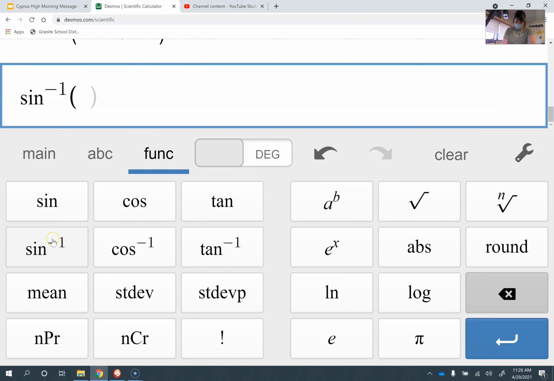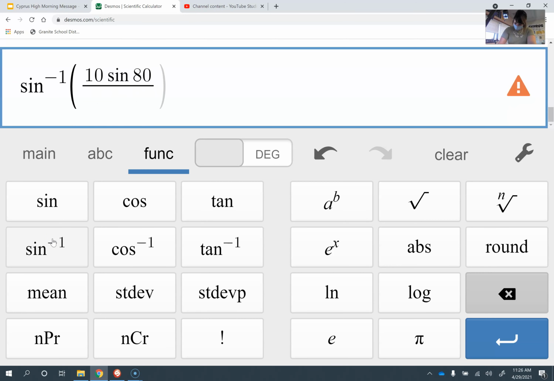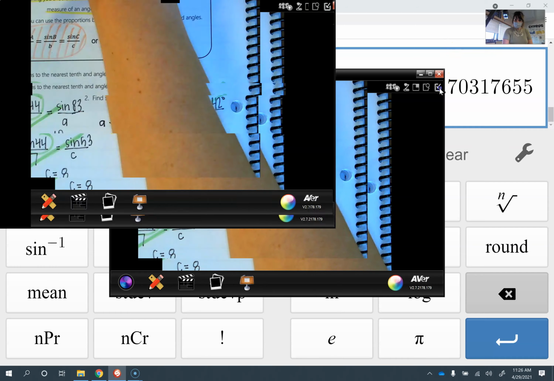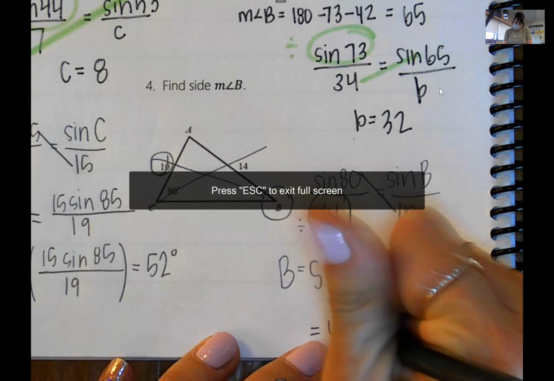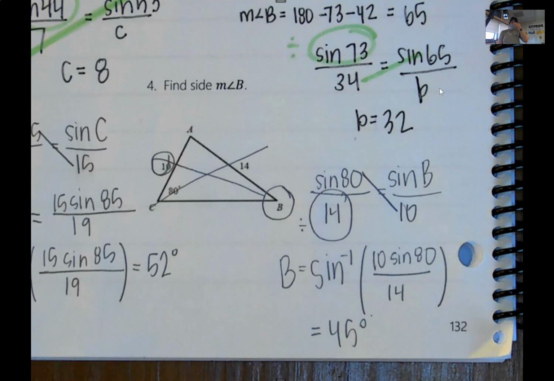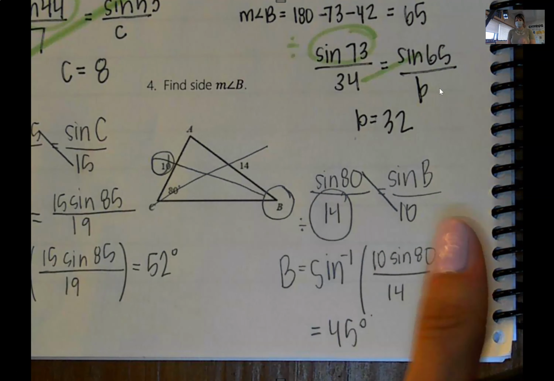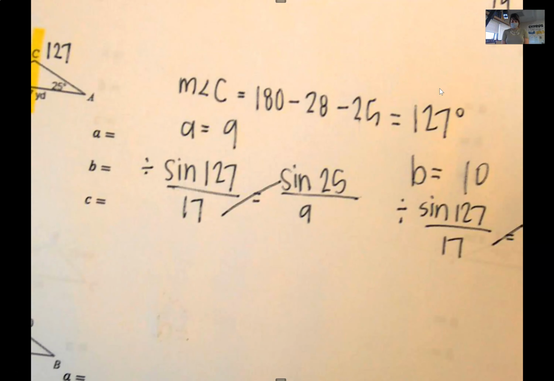So I'm going to hit sine inverse, 10 sine 80 backslash 14. Okay. I got 45. Is that what you guys got? Okay. So that one's 45. So let's flip to the next side.